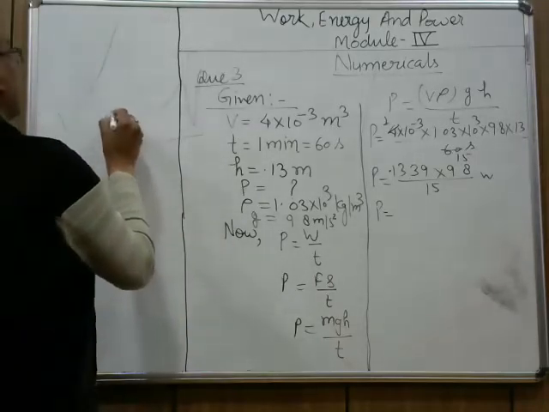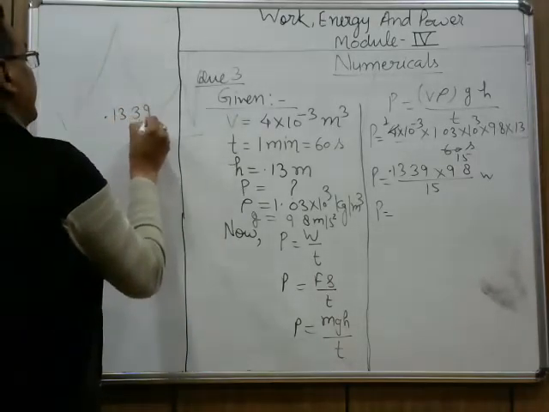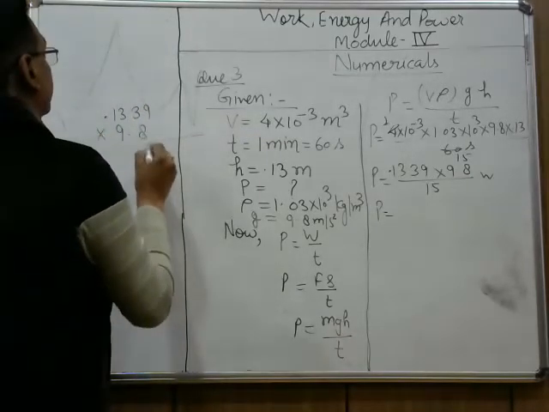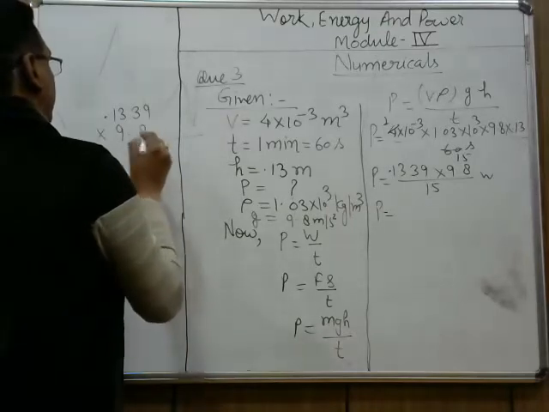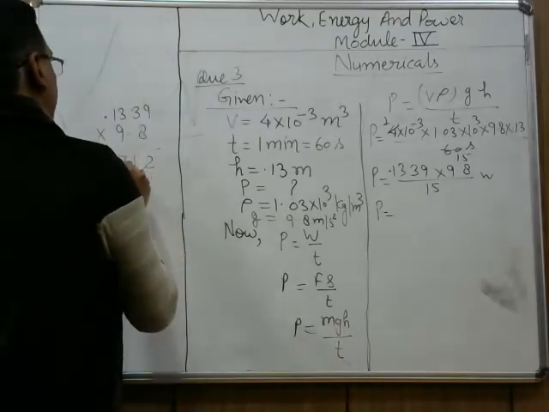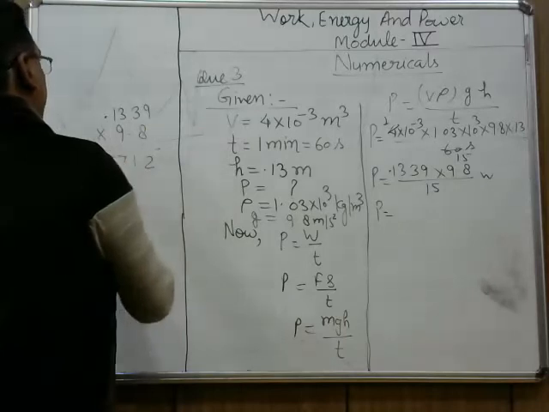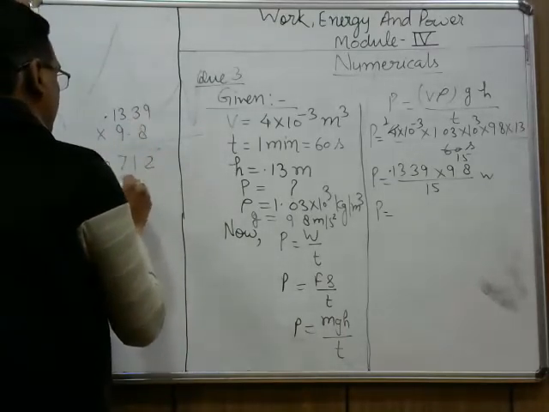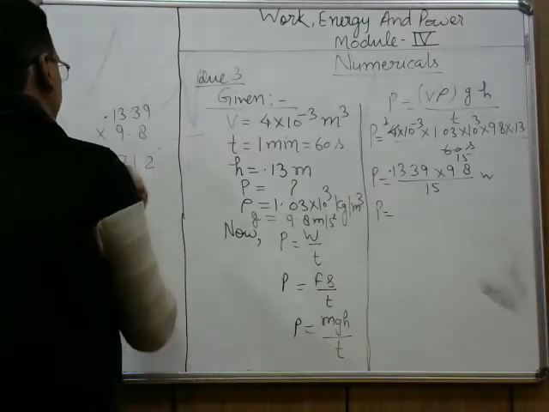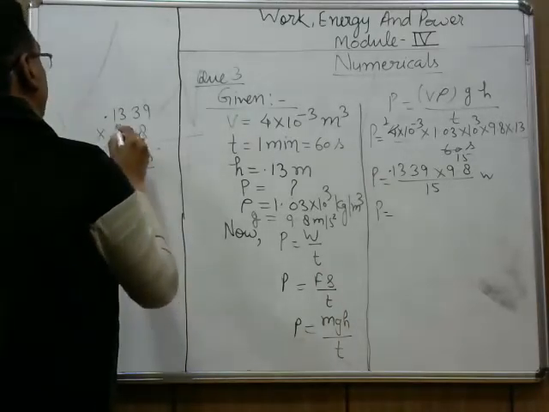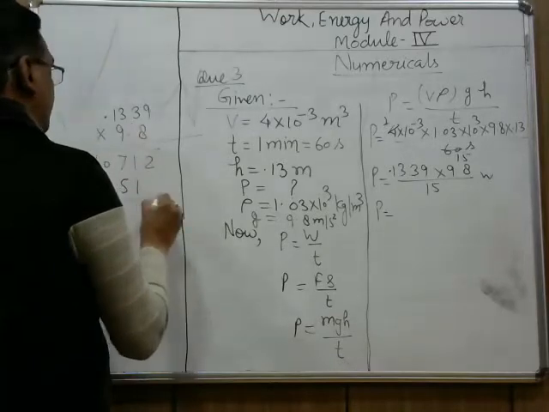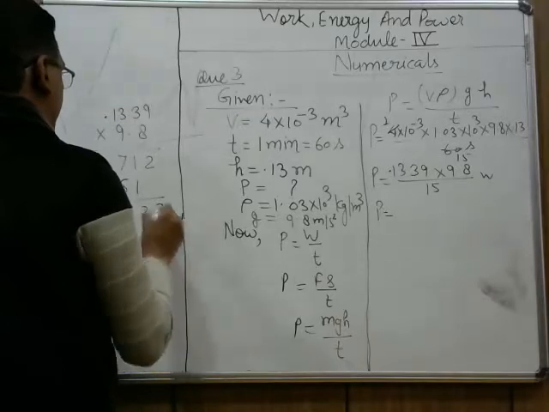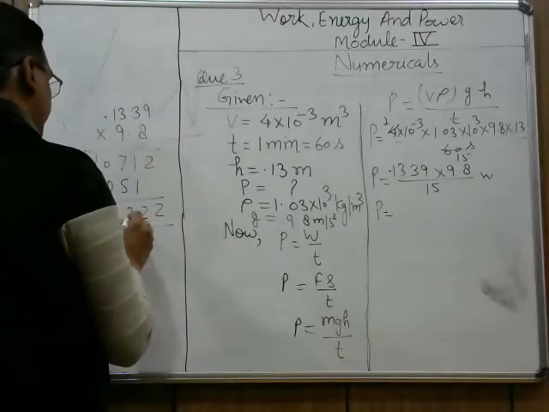Now the answer: 0.1339 is multiplied by 9.8. Decimal after 5 places.